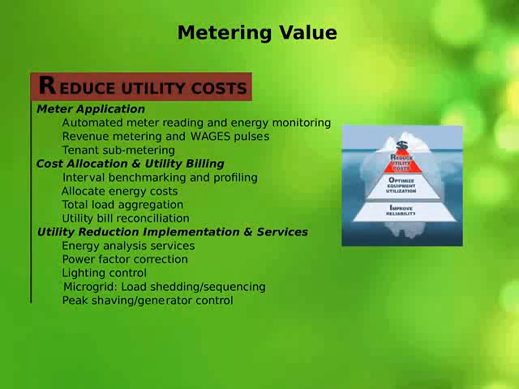And when we talk about meter application, we talk about things such as automated meter reading and energy monitoring, revenue metering and WAGES (water, air, gas, electric, steam) and other commodities, and the pulses that may be coming from those different types of WAGES meters, as well as tenant sub-metering.